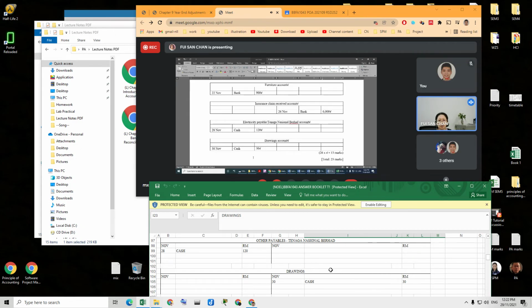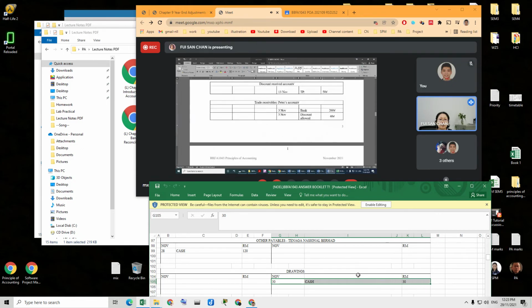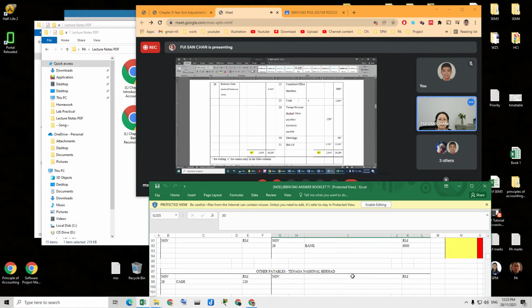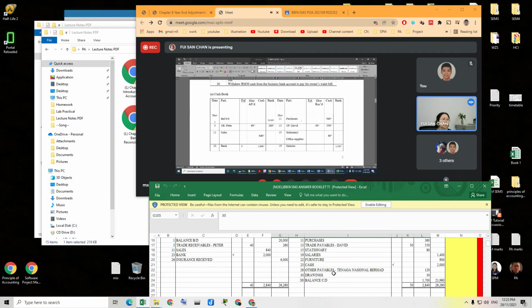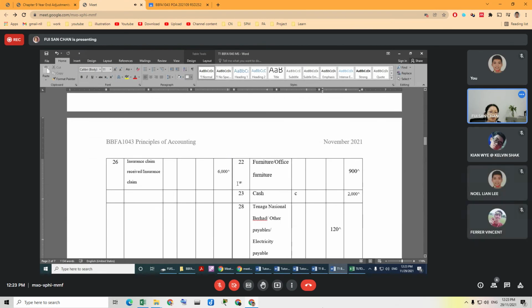Now, the question that carries the most marks should be cash flow. Actually, this one is easy, but some of you missed out some of the accounts. Actually, very simple. If you don't want to miss, you base on this one here. Look at your 3-column cash book. You will never miss. Opening no need to open now. So you see, you have purchases now. This is your trade payable, stationery, salary, furniture. Cash no need now because you already show it in the cash book.